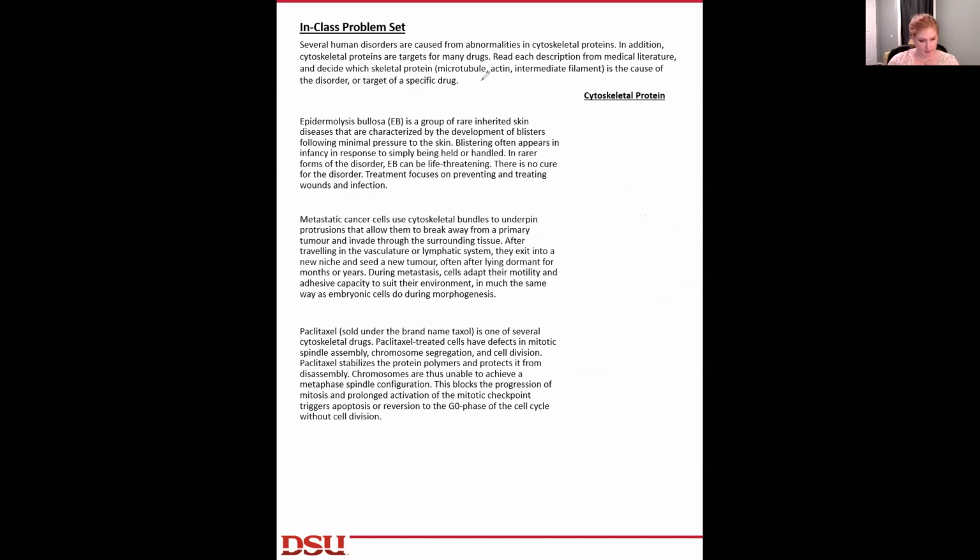So as always, for your own understanding, and even to test your own understanding, pause it here and please read through these and see if you can identify which of the 3 cytoskeletal components we just talked about, the intermediate filaments, the microtubules, and the actin, which one of those would be responsible for these different abnormalities or these different disorders that are being discussed here. So I'm going to assume that you're going to pause it and use what you just learned about these proteins to decide which one is responsible for these issues.